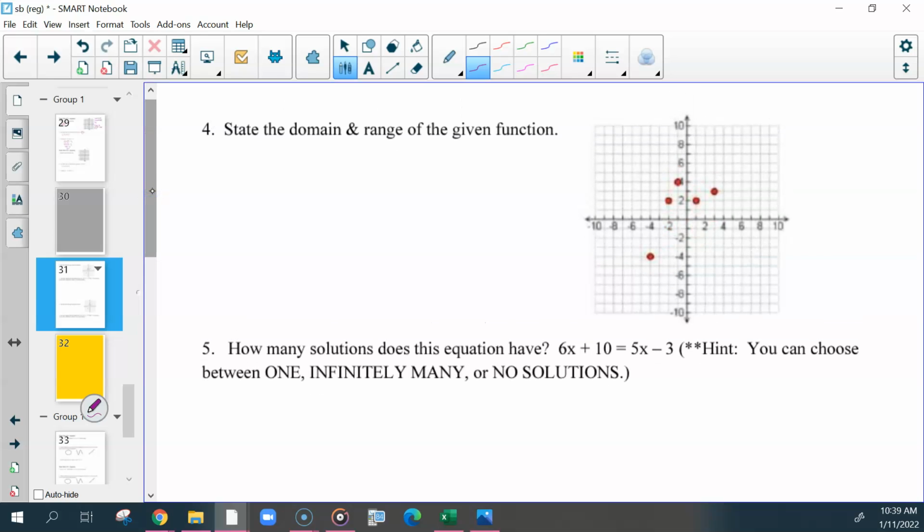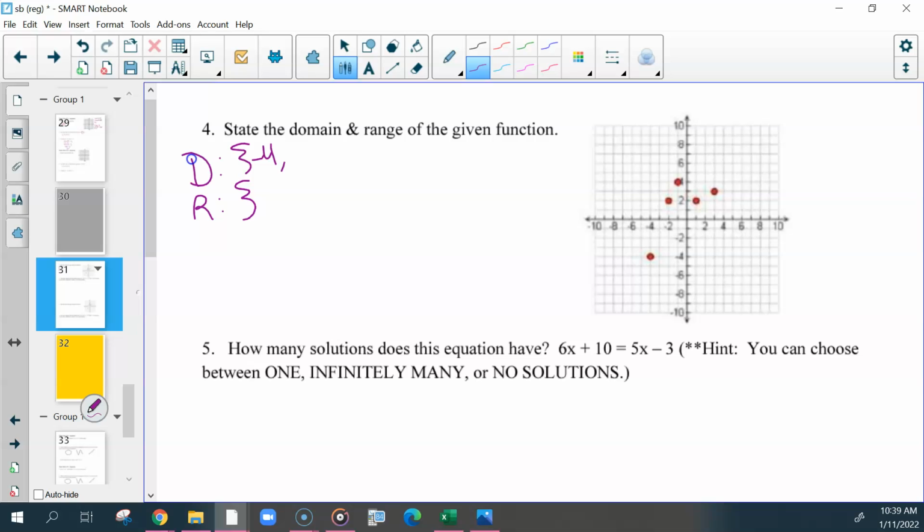For number 4, you need to state the domain and the range. Because these are random ordered pairs, we are going to have 2 lists of numbers. Lists of numbers are in curly brackets from least to greatest without repeating. So for our domain, the furthest point to the left would be -4, and we keep going to the right.